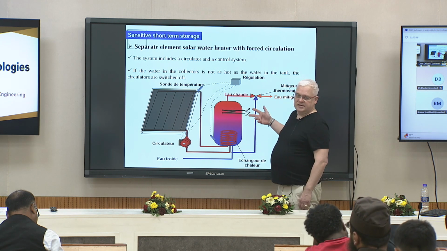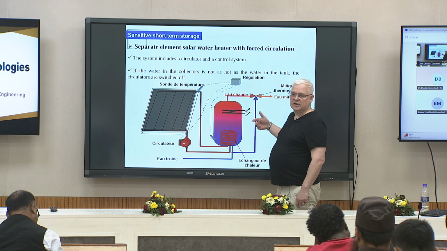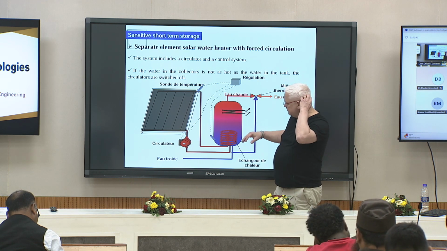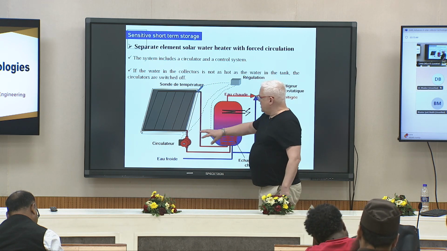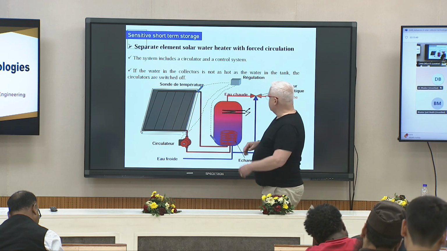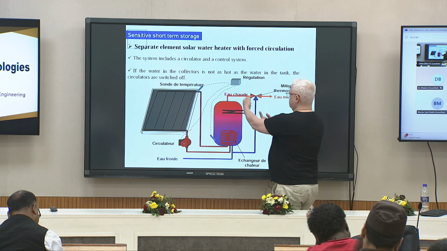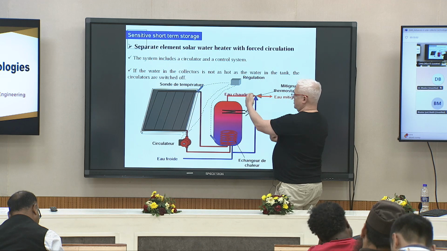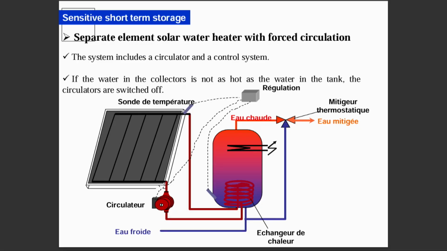Usually in France it's electrical, but in some countries it could be with a gas burner or things like this, to complete. And you have a circulator and so on. Then to choose the temperature that you want at the end, you are combining this hot water with cool water to have the expected temperature.